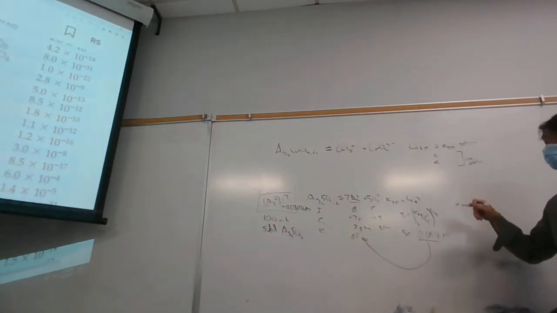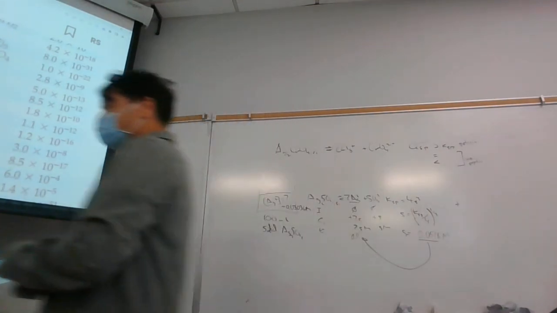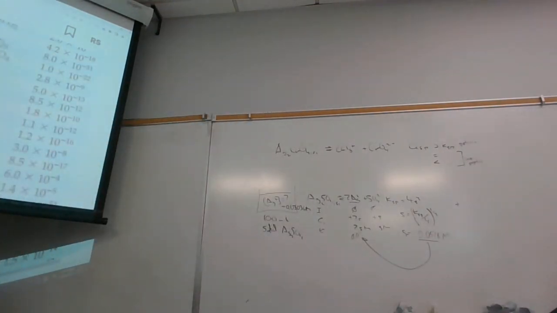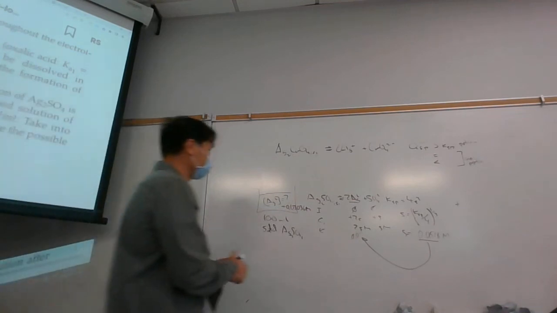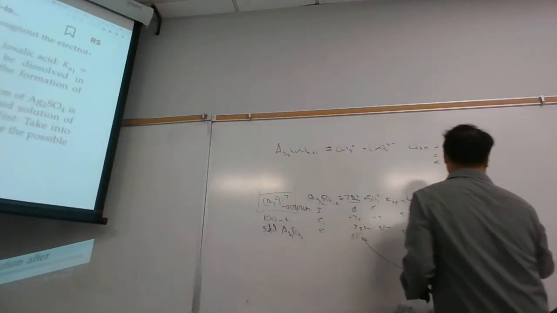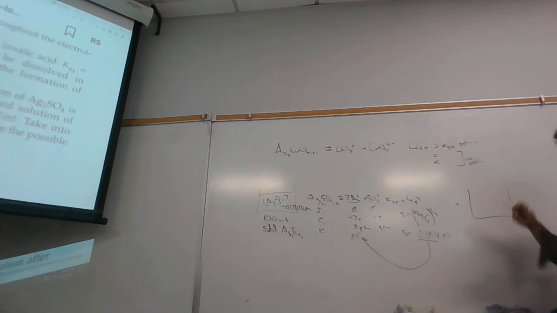Plus to this, we're going to add another solution with the lead chromate. What was it? Let's see. A saturated solution of lead chromate. This is going to be 250 milliliters of saturated lead chromate.